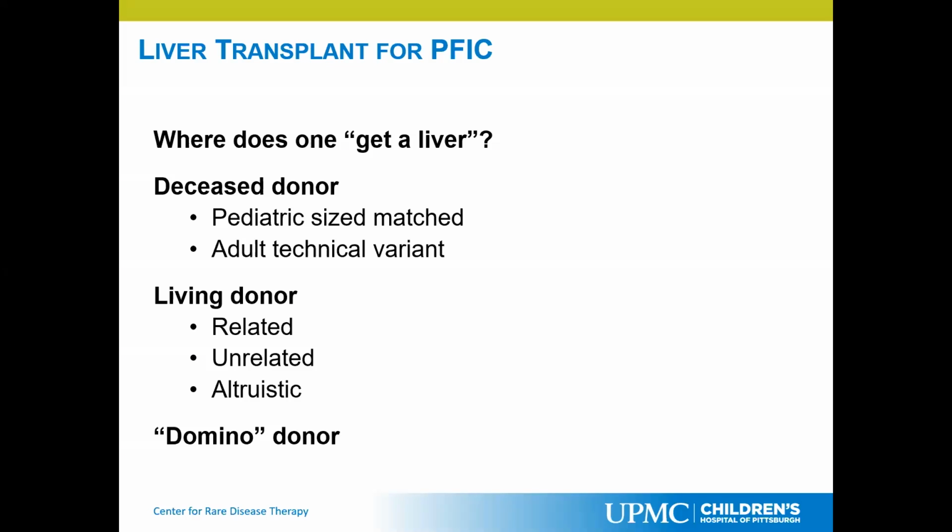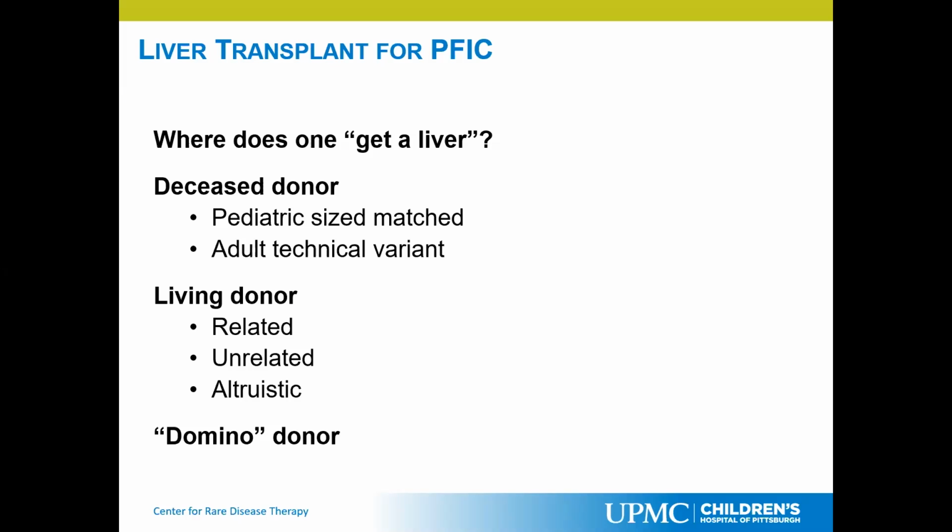Another population of patients that can give livers is what's called a domino donor. There are specific genetic diseases that do not affect the liver, but affect the entire body. There's a disease called maple syrup urine disease that affects the body, does not affect the liver, and it is cured by liver transplant.